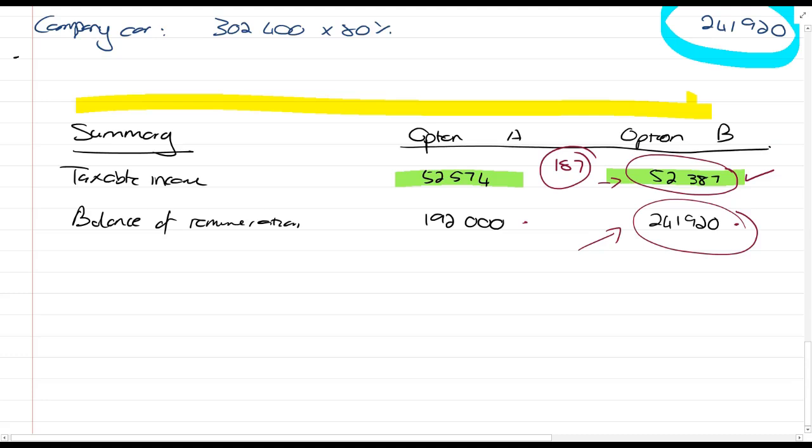Pretty interesting that it works out like that. So should you be concerned about this? Well, if she requires more money on a monthly basis, then maybe you should consider this, but overall, this one is 187 rands cheaper. If she's worried about monthly cash flow, then option A might work out cheaper.